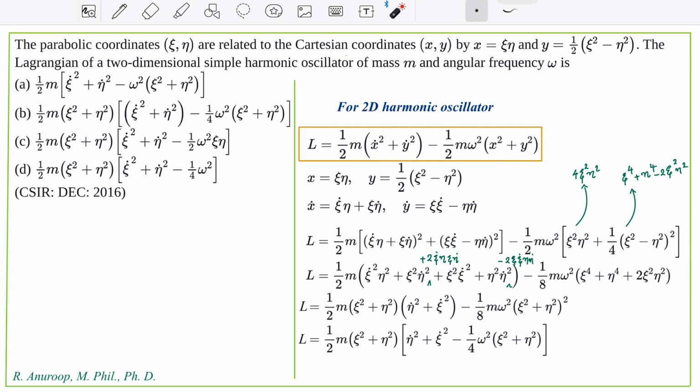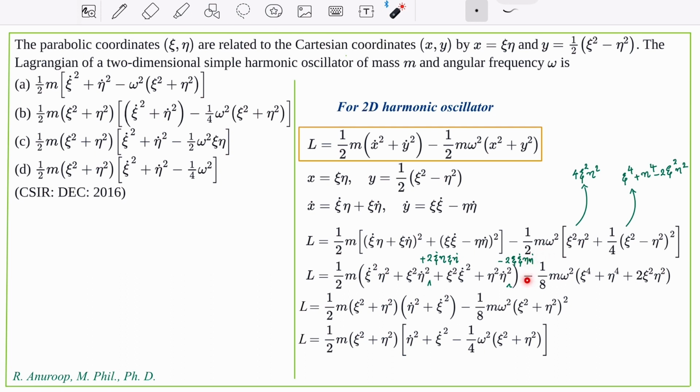Now let us expand the second term. Here let us take 1 by 4 outside the bracket. So the prefactor is 1 by 8 m omega square. Then the first term becomes 4 times psi square eta square, if you take 4 outside.